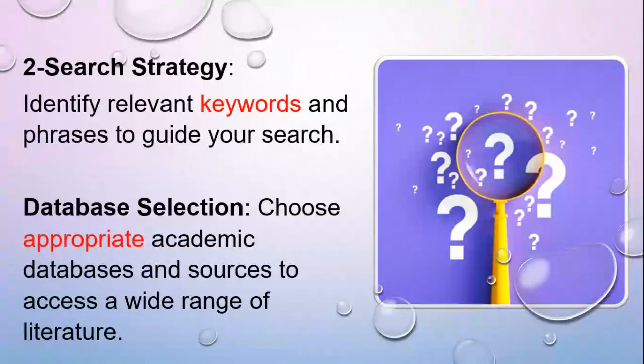When you search for articles or relevant studies to include in your review, you have to be very careful in choosing your keywords and phrases to get the relevant sources. And also, you have to be very careful in choosing the database. Database selection: choose appropriate academic databases.